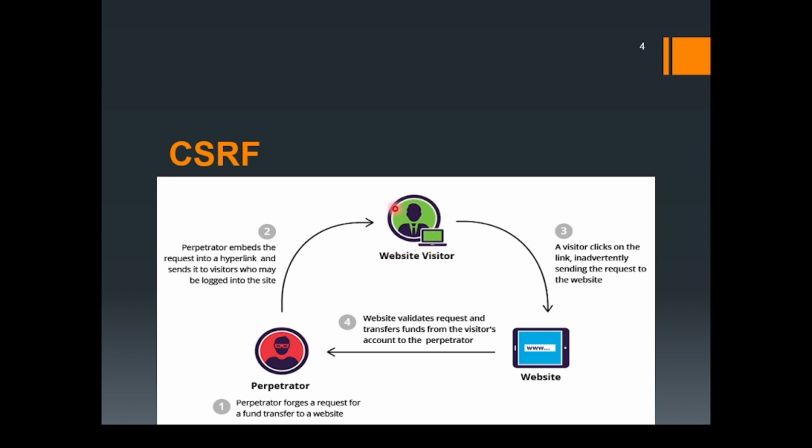So this user is already logged in and the session is already created. Now this user might think that this email is from the bank. After this, the user will click on the link and send the request to the website.